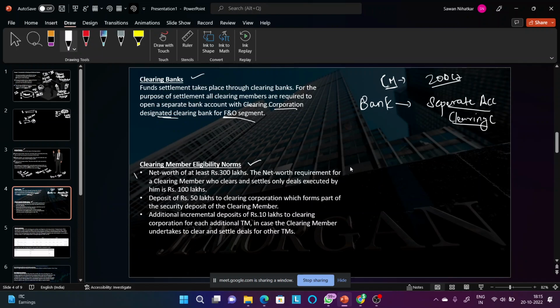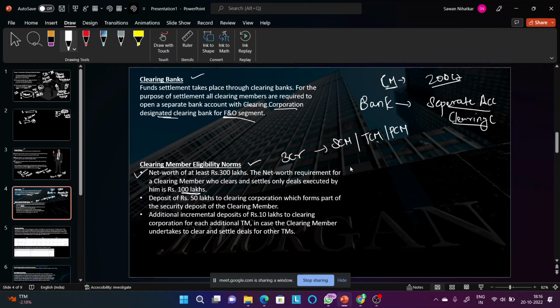So first point as we can see is the net worth of at least 300 lakhs, that means 3 crores. The net worth requirement for a clearing member who clears and settles only deals executed by him is rupees 100 lakhs. So as we saw, a normal clearing member, let's say a self clearing member. And the others are the trading cum clearing member, or we can call it a professional clearing member.